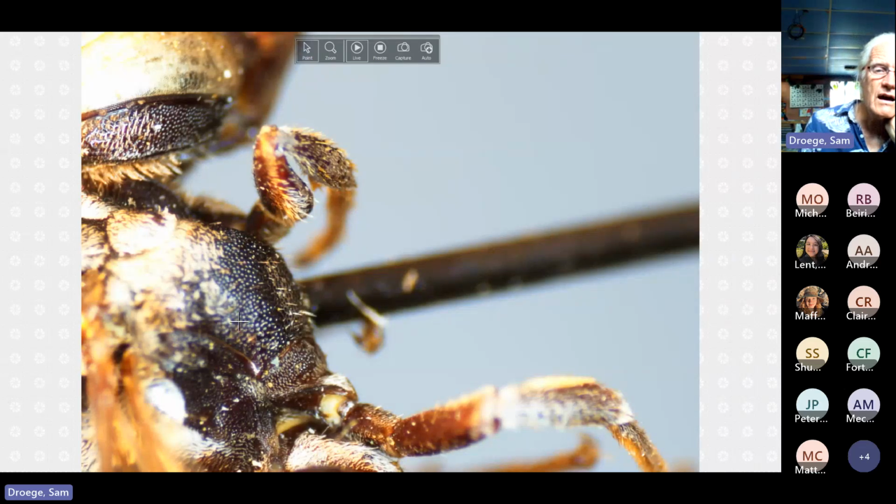And then in some species, including this one, Triepeolus donatus, they're still small, but they're scattered hairs that are noticeably longer than any other hairs that are on here. And I think she has a couple categories.